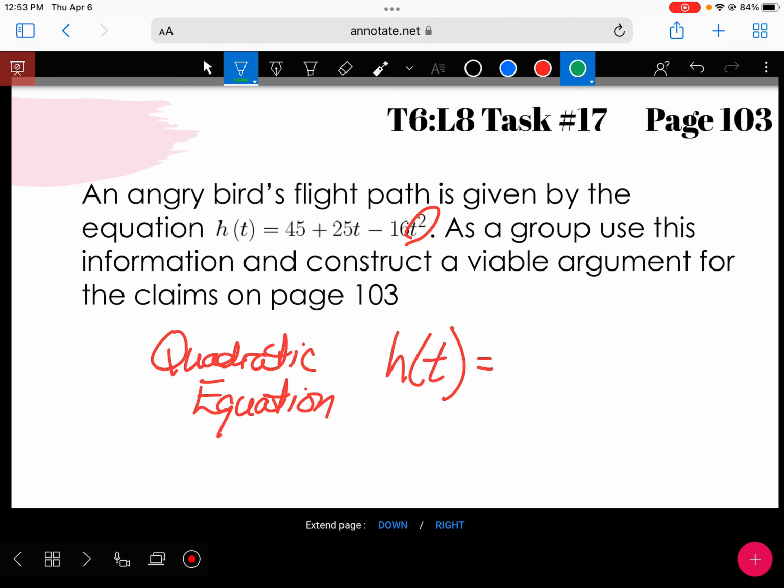How about ax squared plus bx plus c? That's what? That's standard form. Get the square to the front. Right. So how would I rewrite this in standard form?